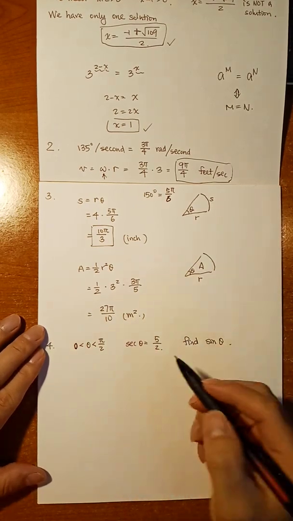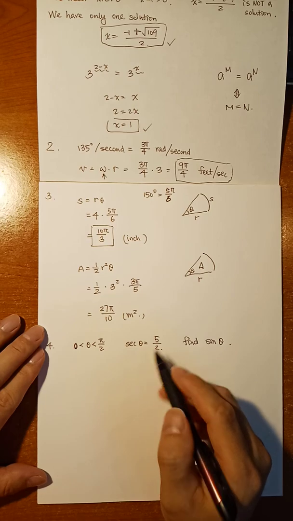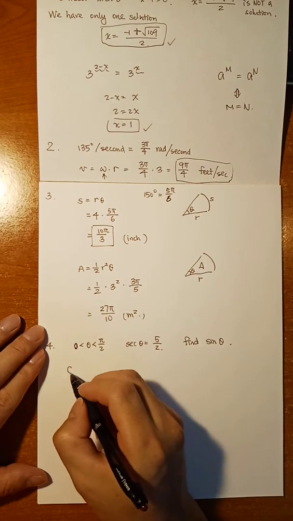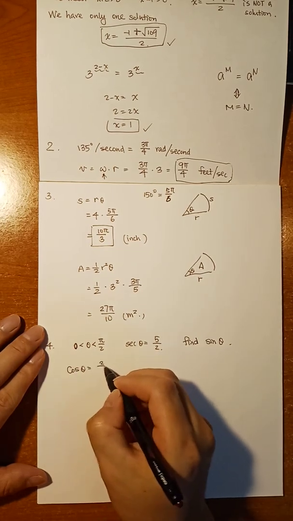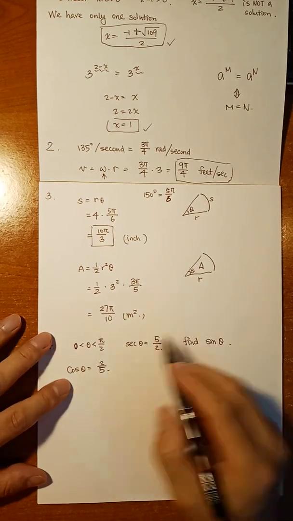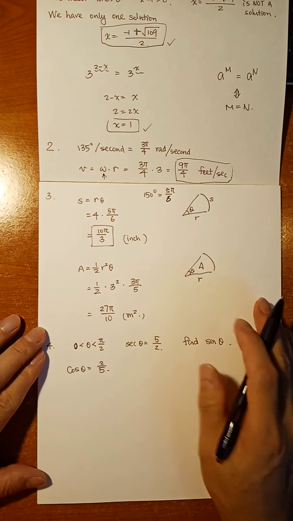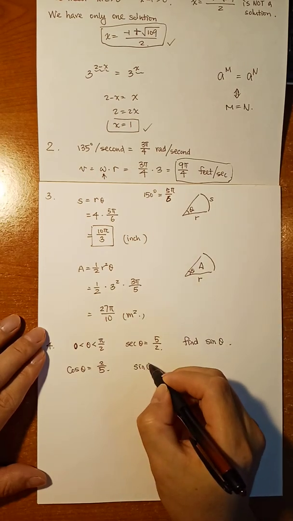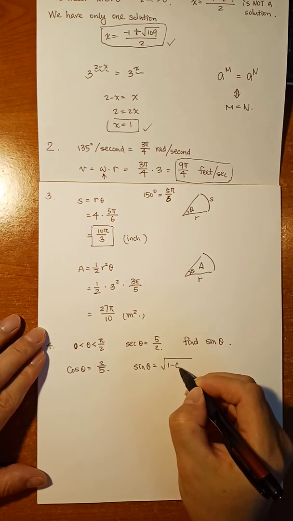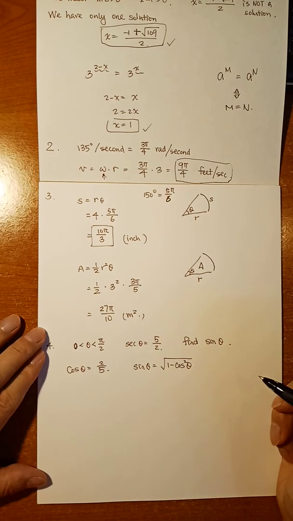Secant theta, you see here we are familiar with sine and cosine. So secant theta is 5 over 2, so cosine theta is 2 over 5. And theta is between 0 and pi over 2. All the trigonometric functions are positive, so sine theta is equal to the square root of 1 minus cosine theta squared.